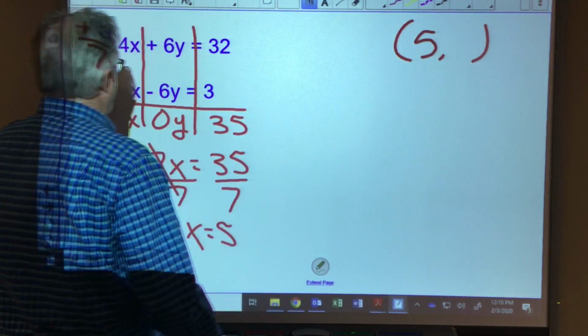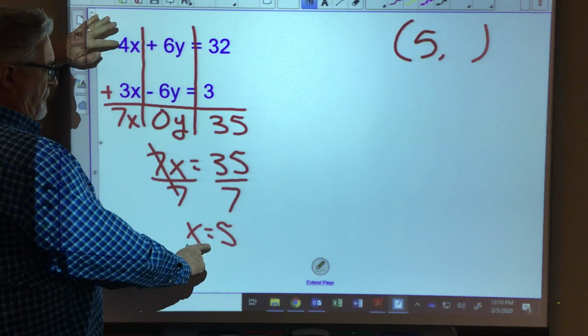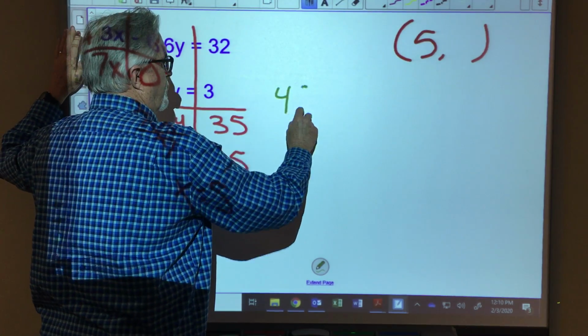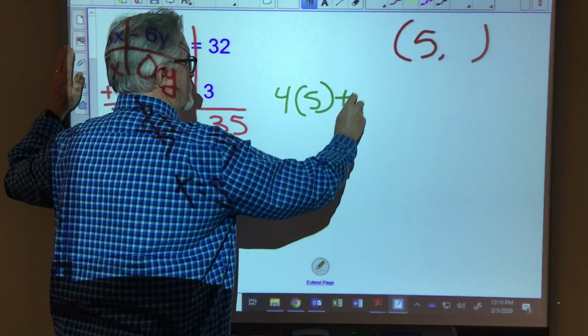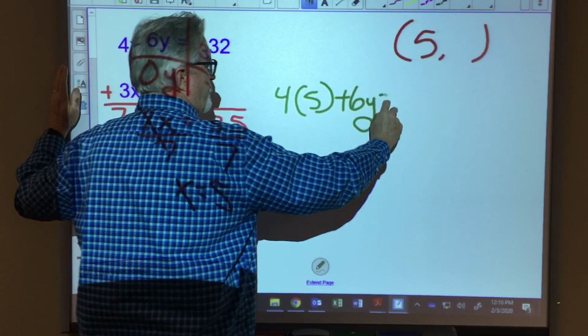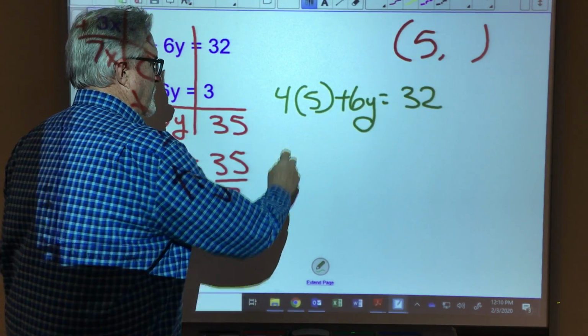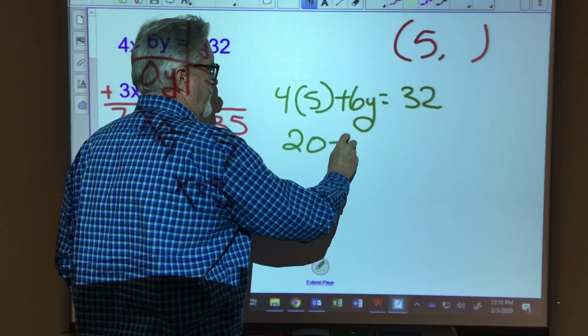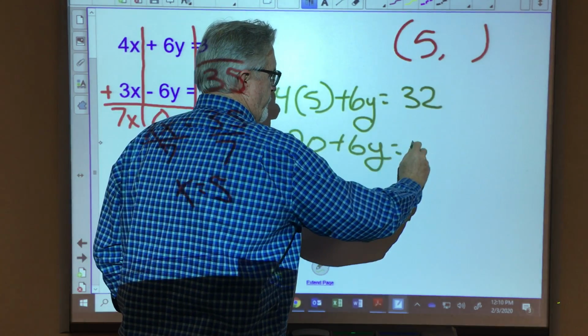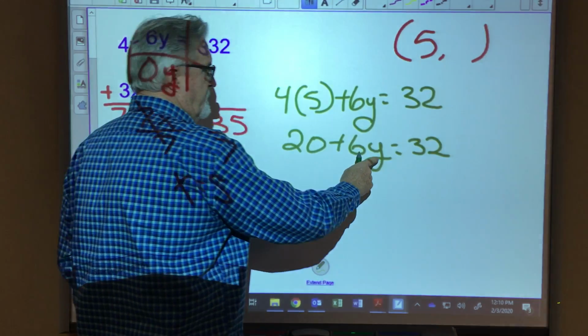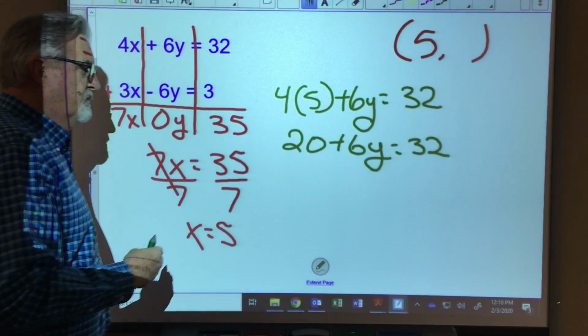On this, when I plug it in for x, I'm going to plug in 5. So we're going to do 4 times 5 plus 6y is equal to 32. Go ahead and simplify as we can. That would be 20 plus 6y is equal to 32. We're trying to isolate y, so we need to undo the addition first.